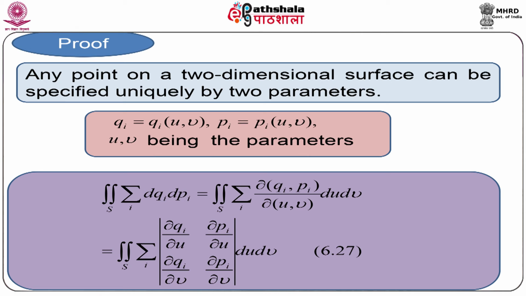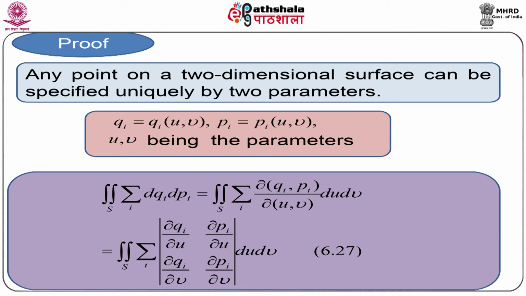So, we can specify qi and pi in terms of u and v, as generalized coordinate qi is a function of u and v, whereas generalized momentum pi is a function of u and v. u and v are the parameters. qi and pi are the old canonical variables.